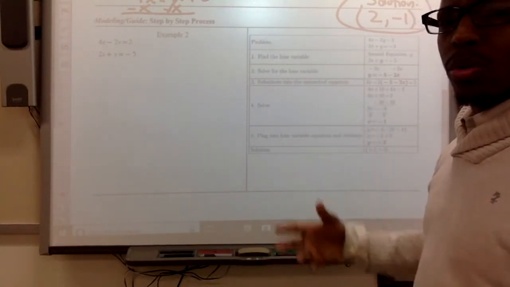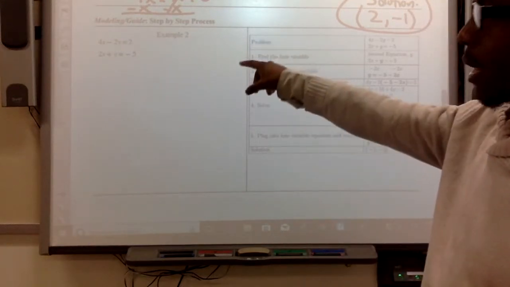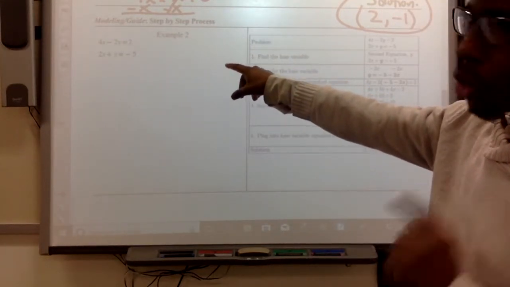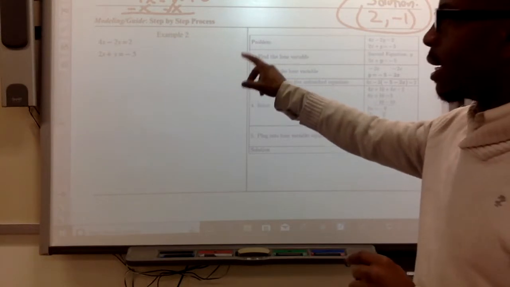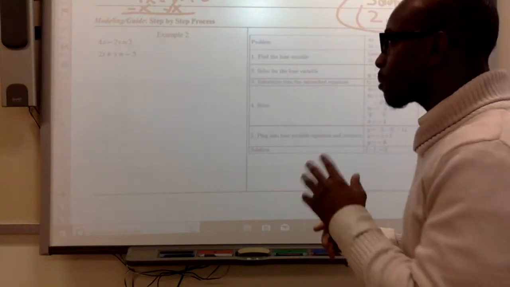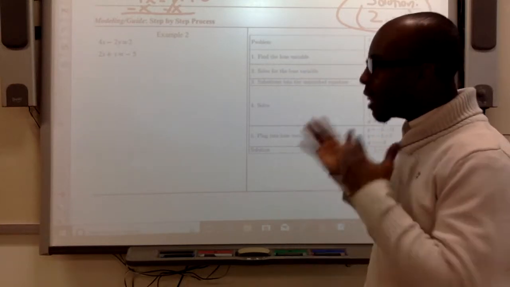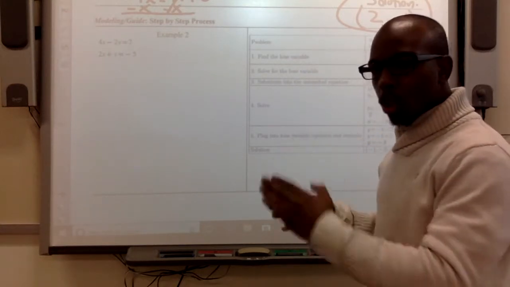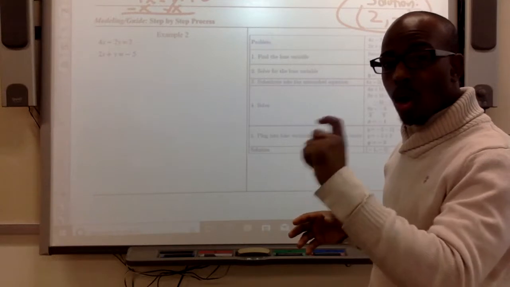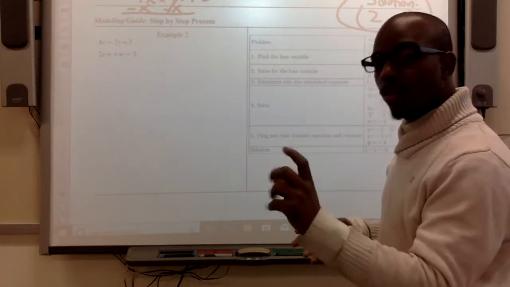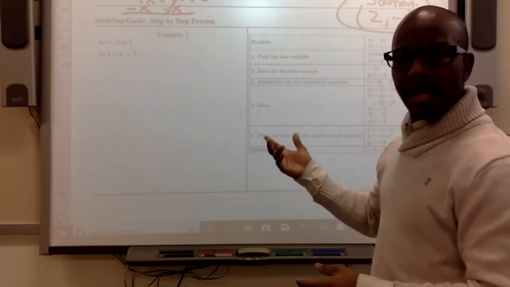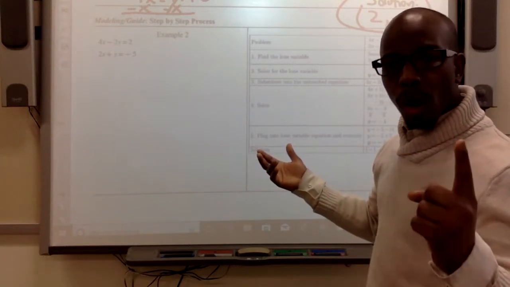So for example, what do you mean, Mr. Woodford? Look at the second equation here. It says 2x plus y equals negative 5. That tells me, okay, great. In this equation, the x has a coefficient of 2. The y has a coefficient of 1.